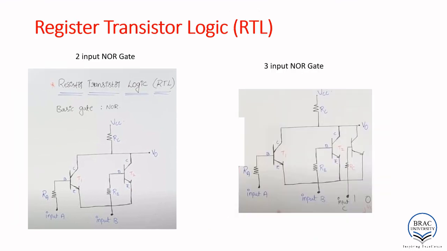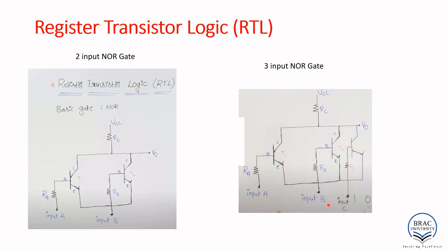So previously we implemented a two input NOR gate using RTL logic. This is the schematic diagram. If you are asked to design a three input NOR gate, we need to include another input.